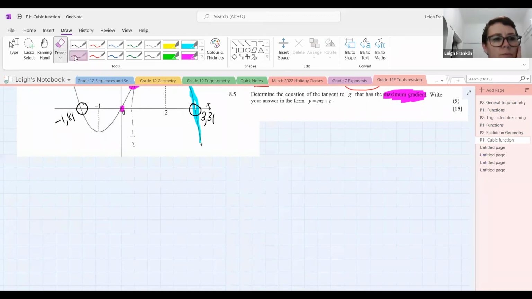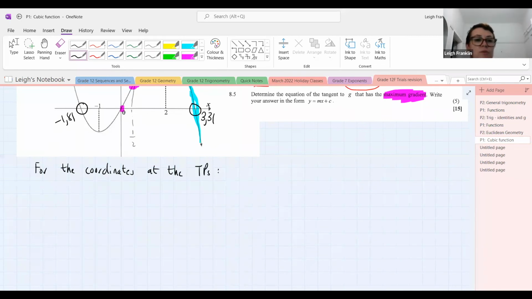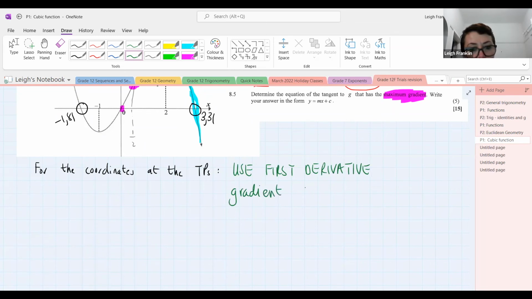Okay, so for the coordinates at the turning points, we have to use the first derivative. The reason that we use the first derivative is because the gradient at the turning point is 0.